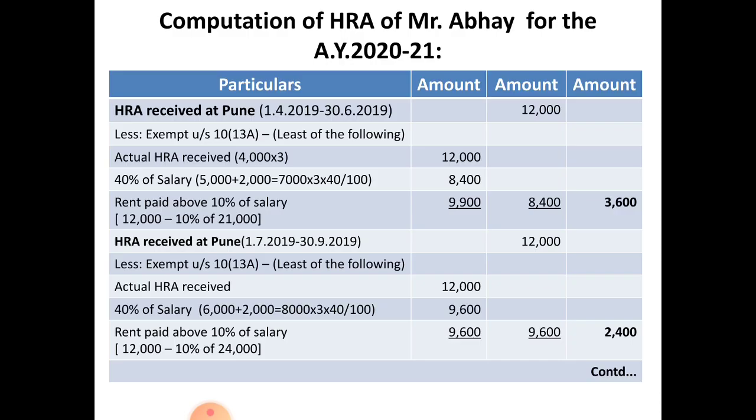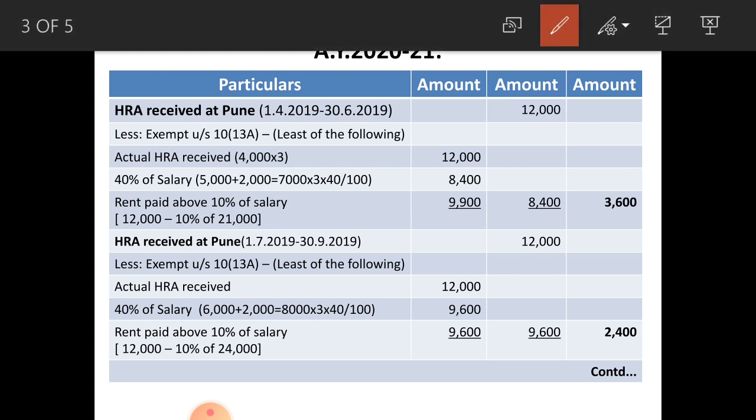Let us solve this problem. Computation of HRA of Mr. Abhay for the assessment year 2020-21. See, first situation, HRA received at Pune, that is from 1st April 2019 to 30th June 2019. Why till 30th June 2019?